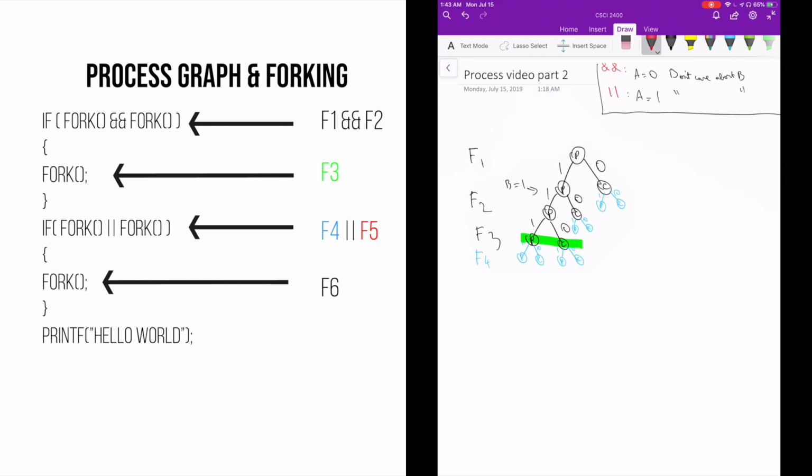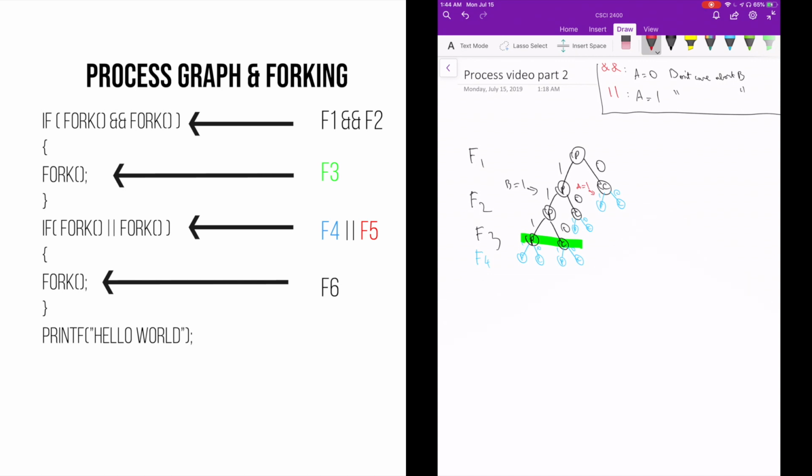So if we remember what we talked about in short circuiting, when A is 1, we don't care about B. We're not gonna look on the left side where it's 1, we're only gonna look at the right side where it's 0. Because once again, when A is 1, we don't care about B. So that means we don't care about this side.